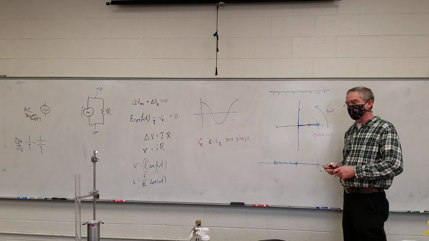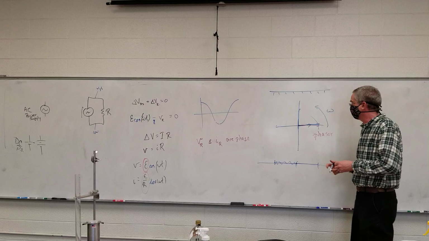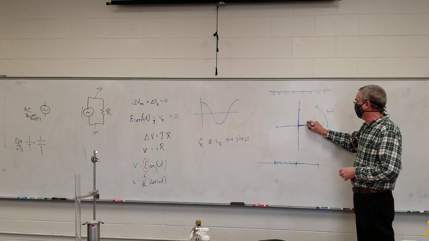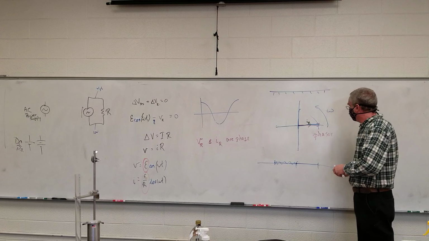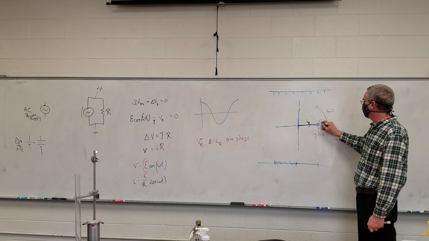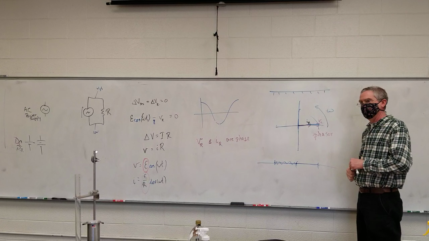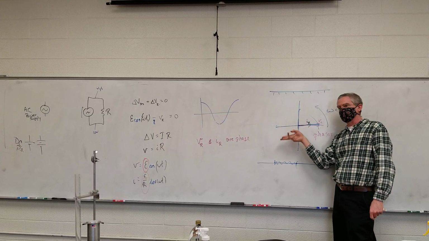Now, I don't know which one's bigger than the other, but I have to draw one of them bigger. So I'm just going to make this black one I sub R, and the purplish one V sub R. Because they're in phase, those two arrows will always be together.